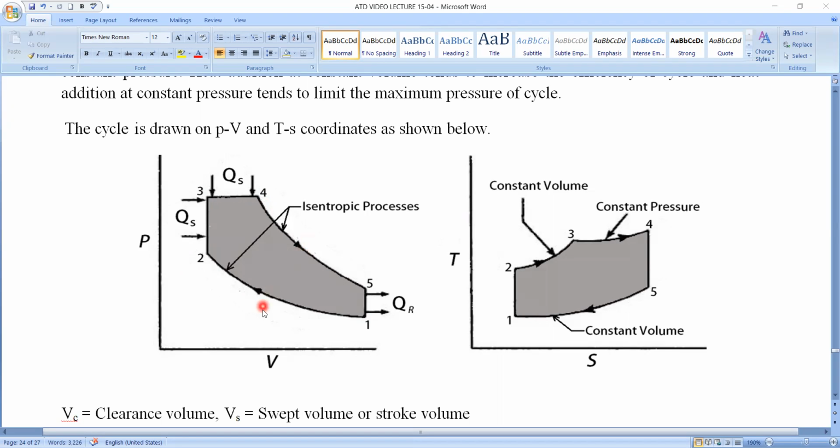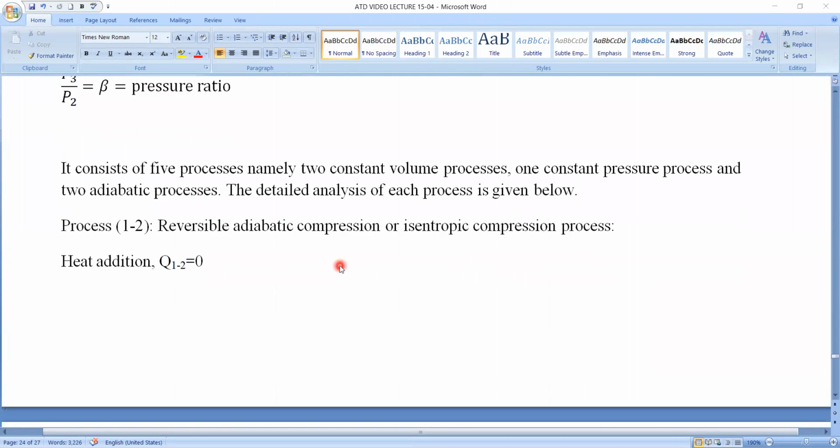So 2 adiabatic processes, 2 constant volume processes, and 1 constant pressure process. In some competitive examinations, sometimes they will ask how many processes the dual cycle has. So the answer is 5 processes: the 2 constant volume processes, 1 constant pressure process, and 2 adiabatic processes. So please remember these points.